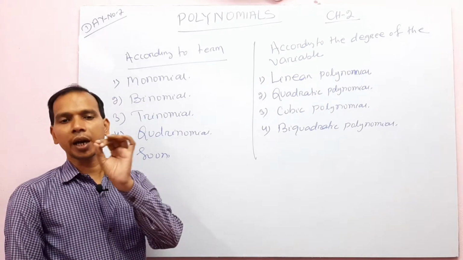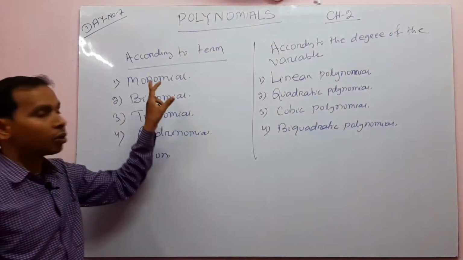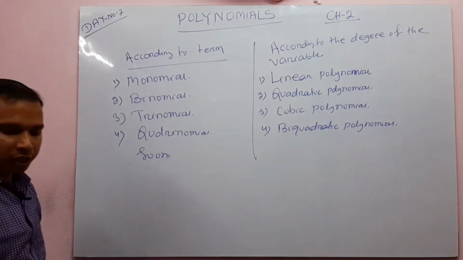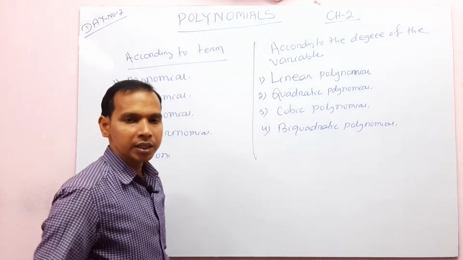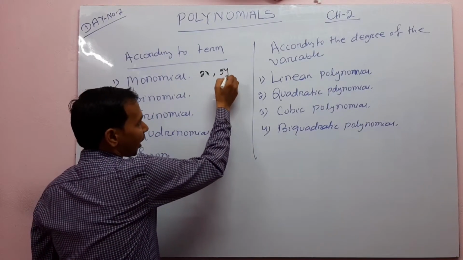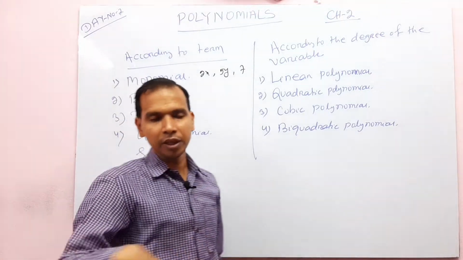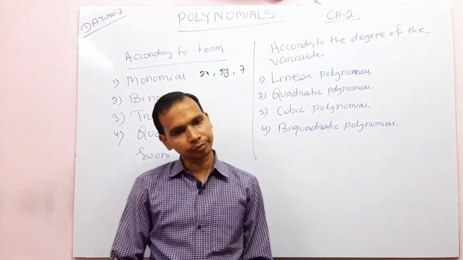So, an algebraic expression containing only one term is known as a monomial. For example, 2x, 5y, 7, etc.